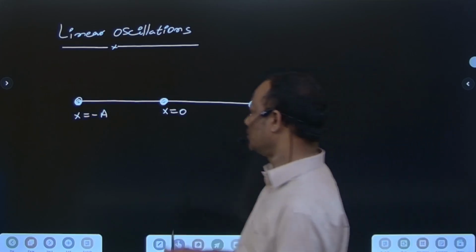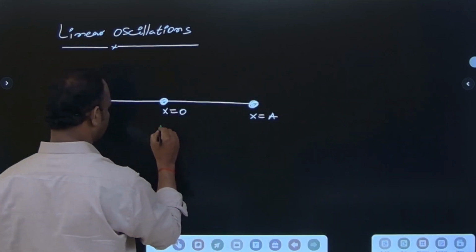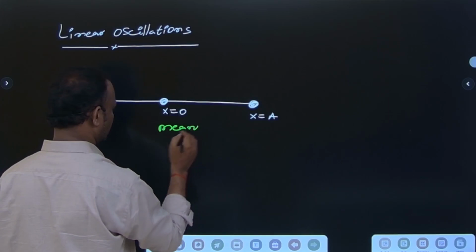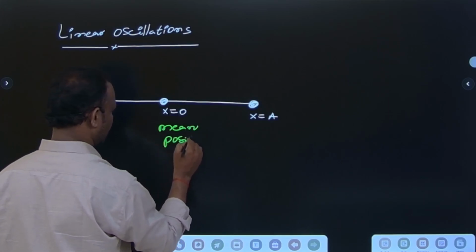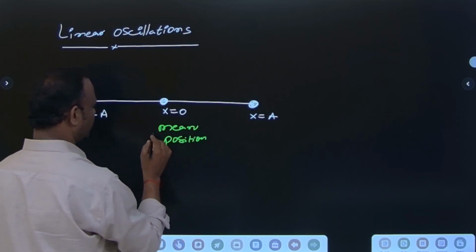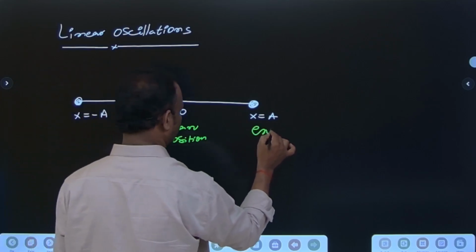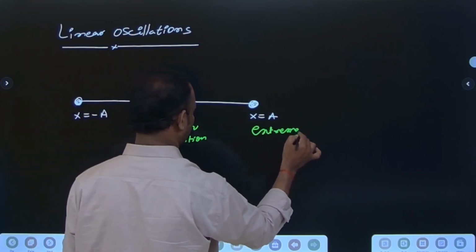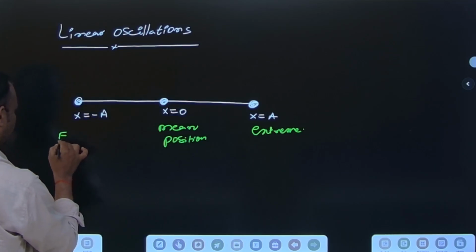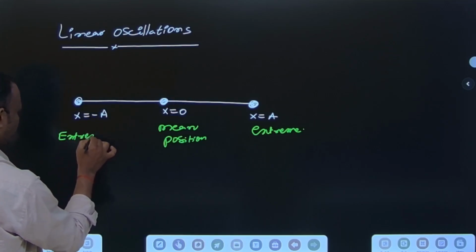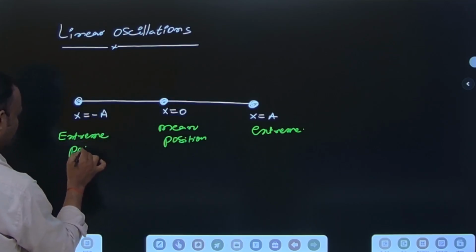This is called the mean position, same as usual. And this is the extreme position.